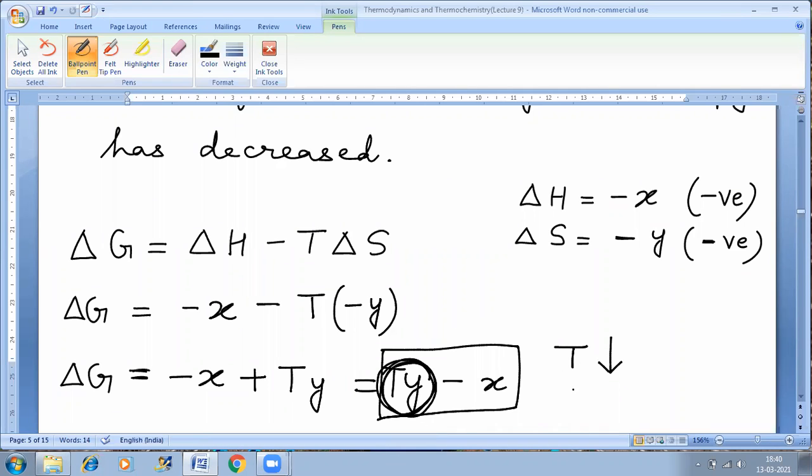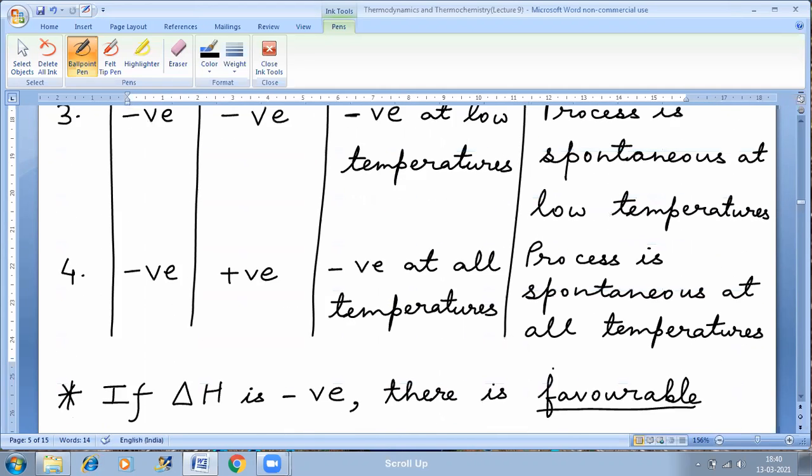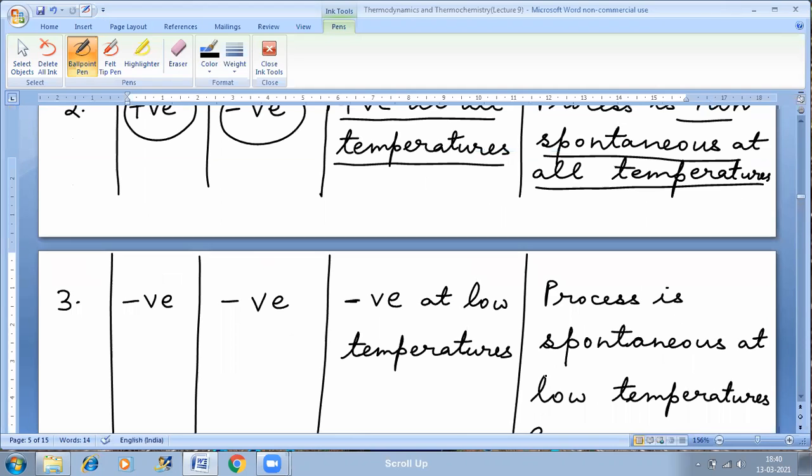So I can say that delta G will be negative when the temperature is low. So this is the conclusion. Delta G is negative at low temperatures. So the process is spontaneous at low temperatures.